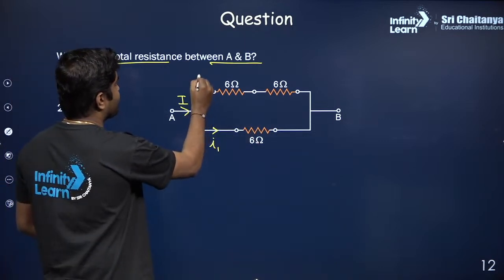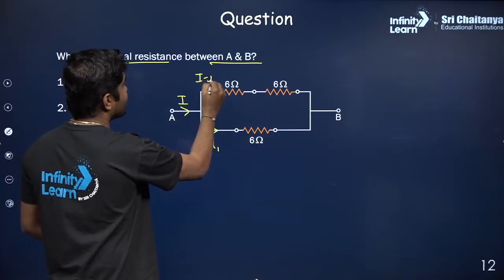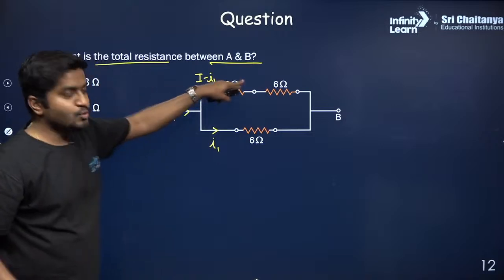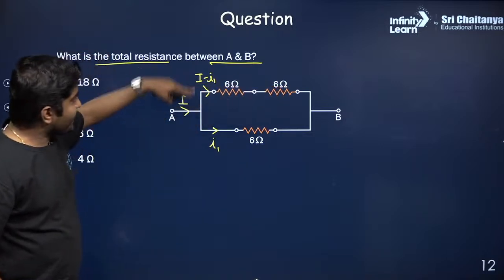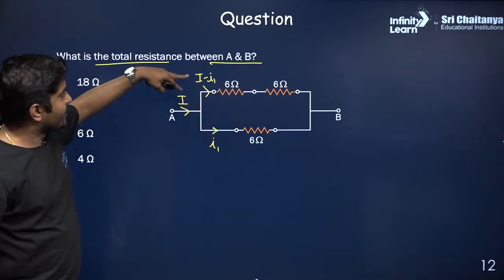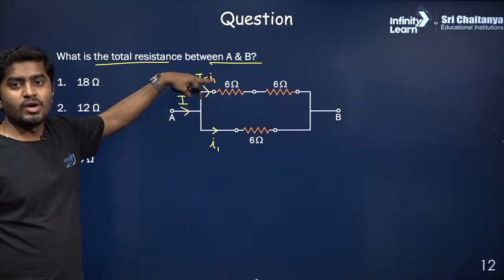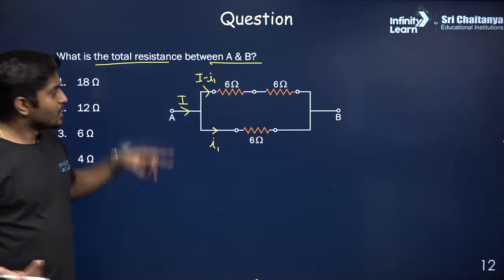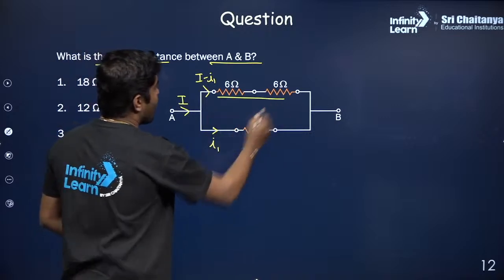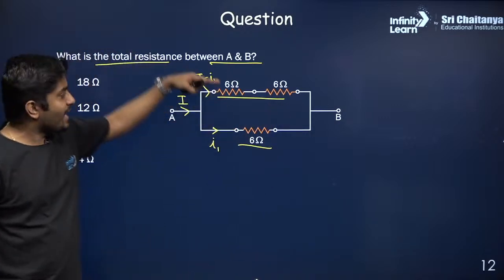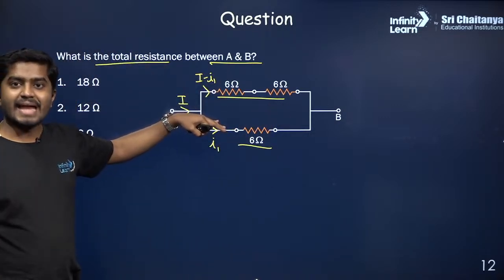Whatever is left, which is total I minus I1, will pass through these two. Is I1 equal to I minus I1? No, it doesn't have to be, correct? So these two and this one are not in series, that we can tell.